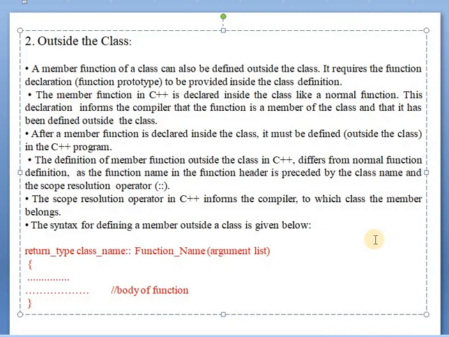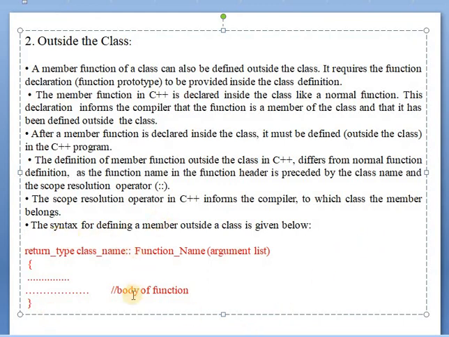Just write the function name and inside the brackets you can write the body of the function. But when we want to define the function outside the class, first we have to declare that function inside the class, and after that, outside the class, first we have to write the return type of that function, then the class name of that function, the scope resolution operator, and the function name, and after that we can write the body of the function.